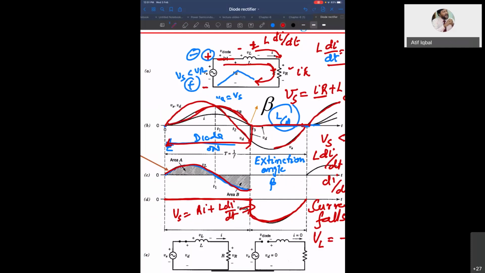But L dI by dt will also be there; here the inductor voltage is positive, then it goes negative. And this is your VR. So if you take the sum of these two, it will be your source voltage. So the source voltage all the time will respect this equation, that is Ri plus L dI by dt.